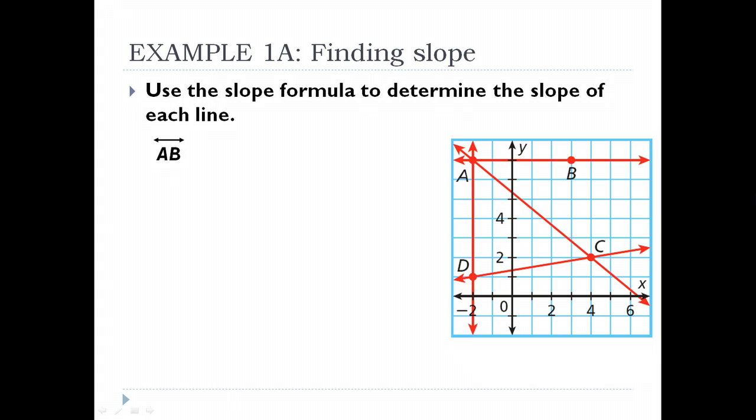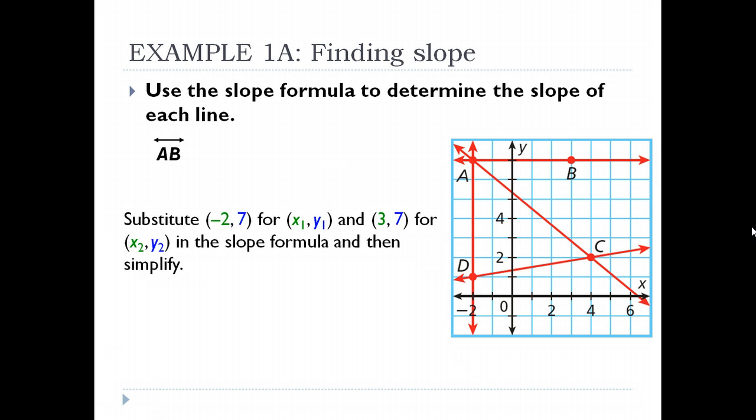So let's find slope. Use the slope formula to determine the slope of each line. We're looking at AB. We have a point at -2, 7, and 3, 7 for B. We substitute the -2, 7 for x1, y1, and 3, 7 for x2, y2 in the slope formula, and then we'll simplify like this.